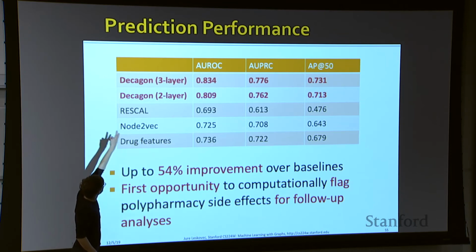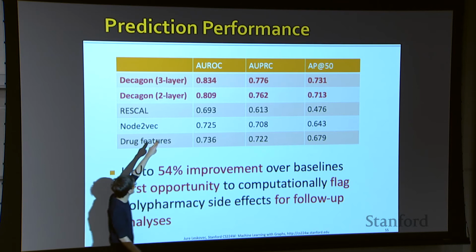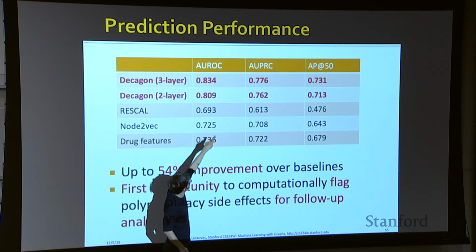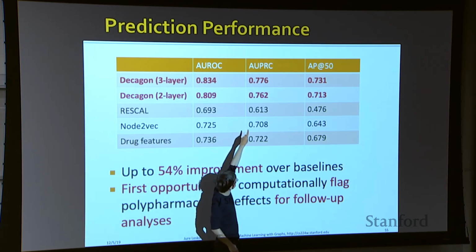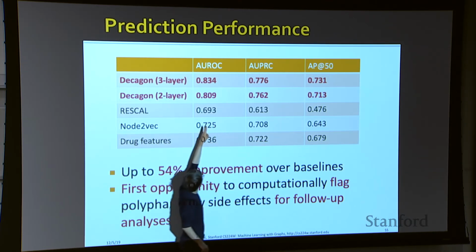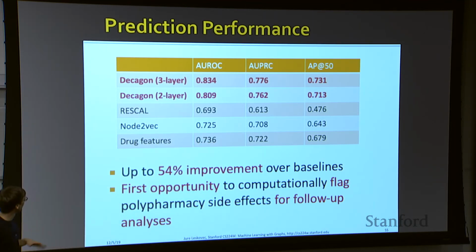These are the two layers. So when you go 2 hops away in the graph neural network, if you do the 3-hop graph neural network, these are the precision. This is the area under the precision-recall curve. This is average precision at top 50. This is the AUC, or the area under the ROC curve.